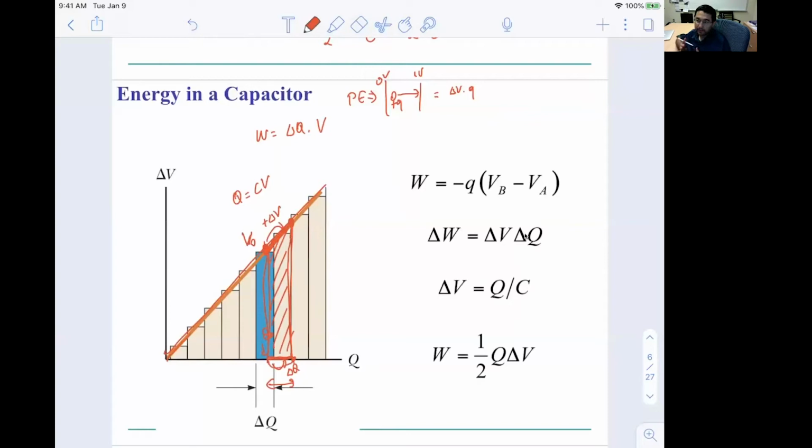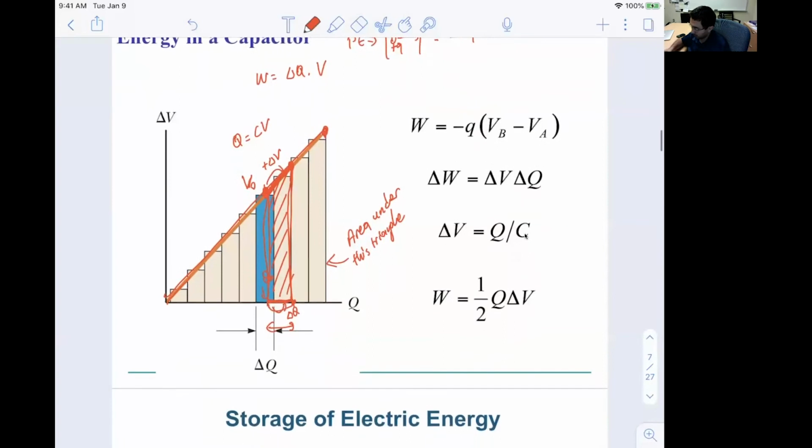As you add more and more charges, starting from 0, the energy is going to be the area under this triangle.